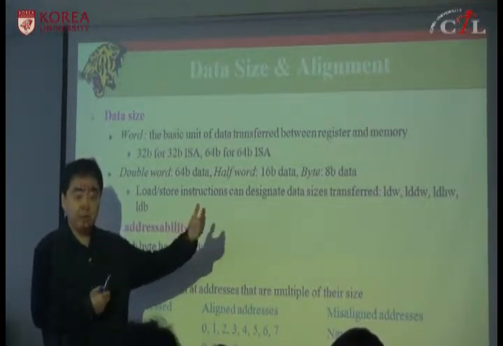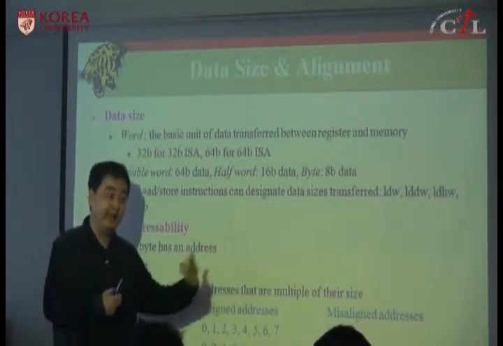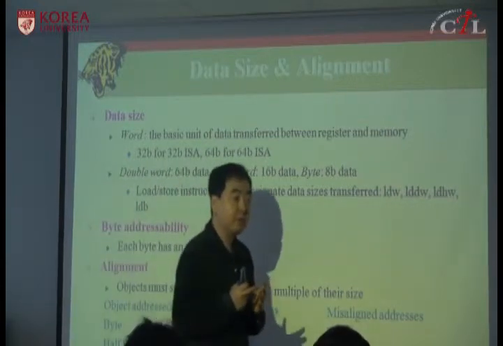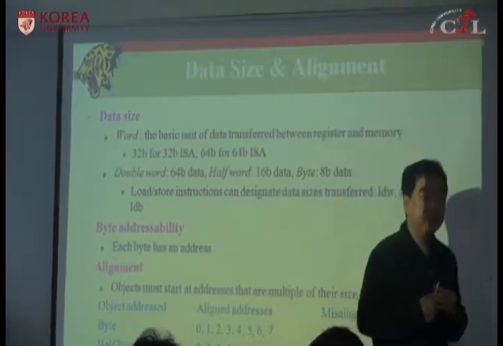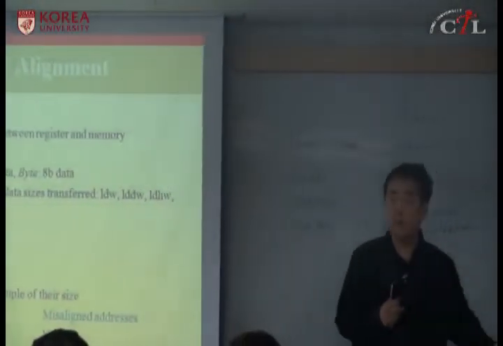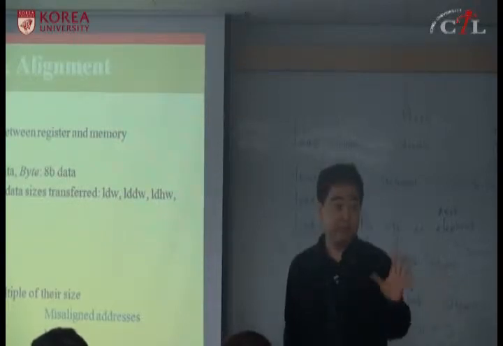If you are doing double word, it's copying 128-bit data. Load half word means 32-bit. It depends on the processor word size. Okay? So the same C program compiled for Pentium 4 or i7 will be different because the data size will be totally different. Okay?